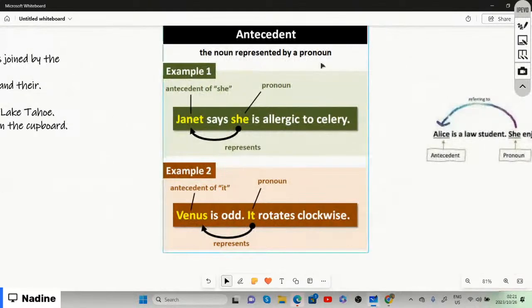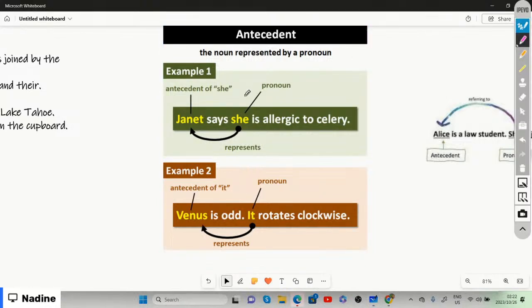All right, so now if we look at this example of the antecedent, the noun represented by a pronoun. It says antecedents of she. So Janet says she is allergic to celery, which means that Janet is our antecedent because Janet is our noun. And that noun is represented by a pronoun, which is she.